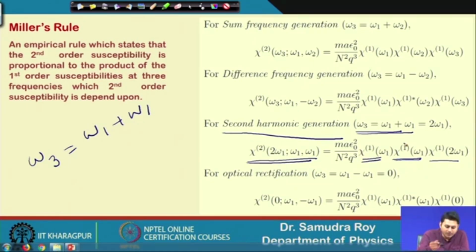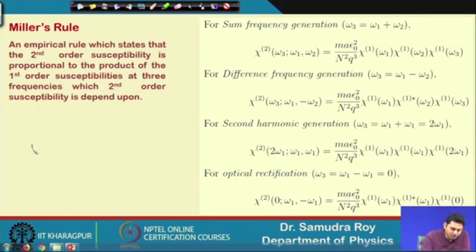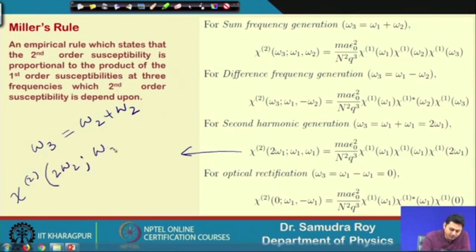Also for the omega 2 frequency we have the same thing. That means omega 3 can also be written as omega 2 plus omega 2. In this case, these things will simply be replaced: the susceptibility at 2 omega 2, which is related to two frequencies omega 2 and omega 2.